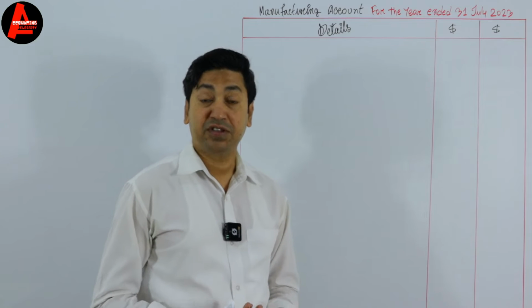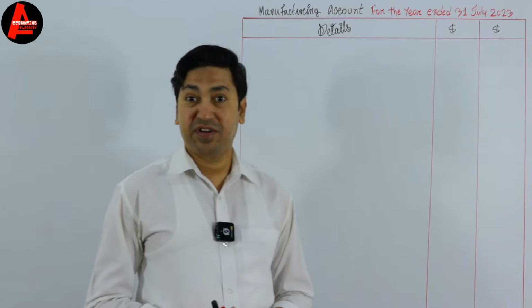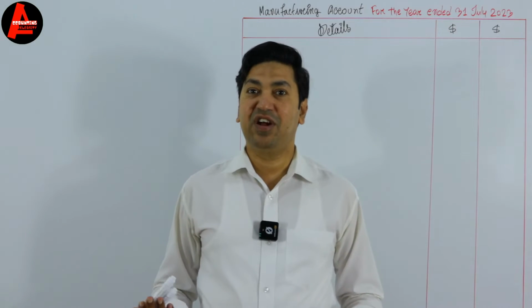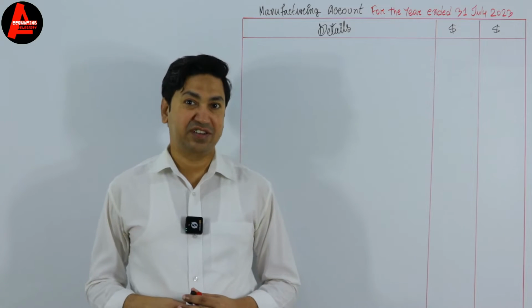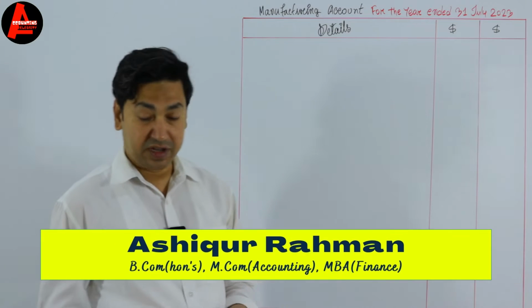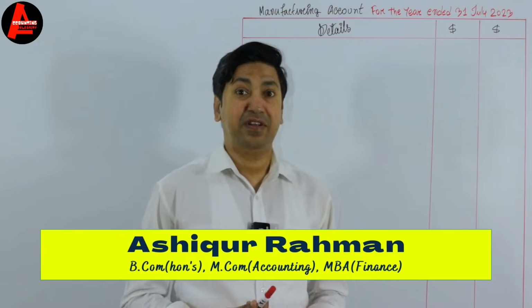We know prime cost plus factory overheads plus opening work in progress minus closing work in progress equals cost of production. So prime cost we already calculated in our last tutorial. It is 198,585.